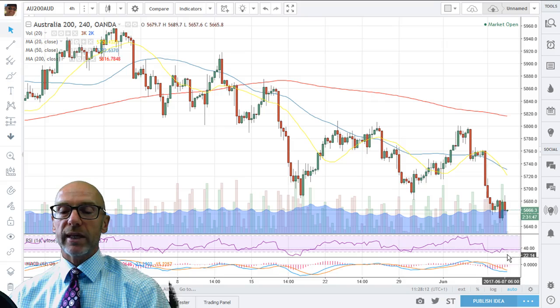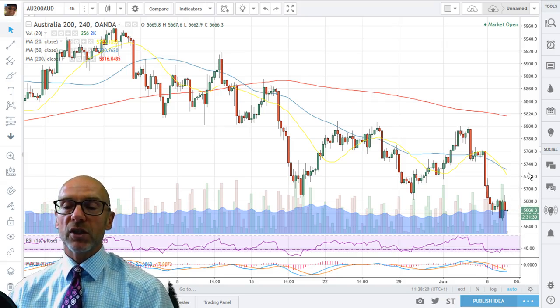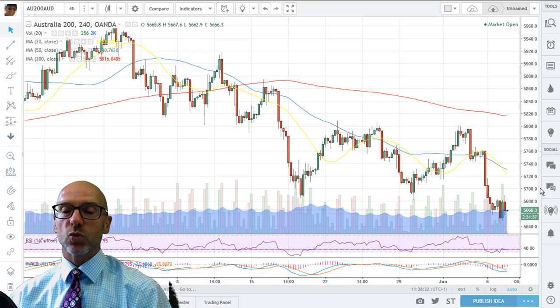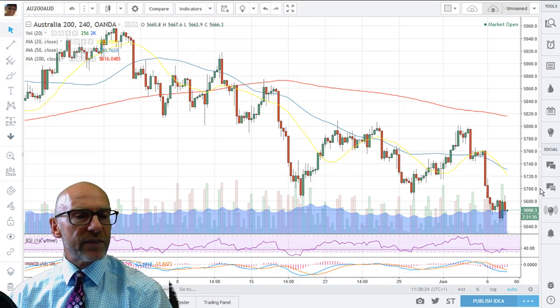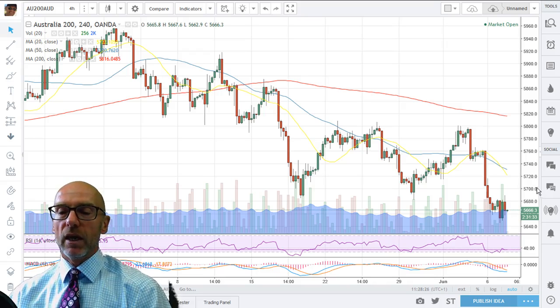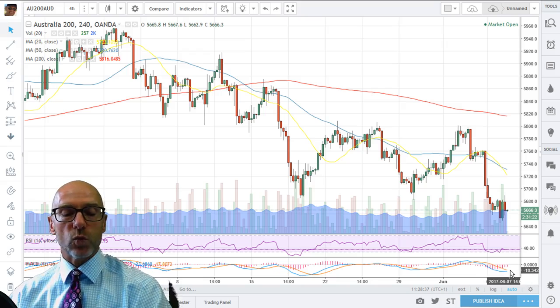If we get a rally, that will confirm that, and we could then see a push up towards the resistance of the moving averages, which on the 4-hour chart are seen at 5720 and 5730. An easily achievable target there on any bounce. The MACD is still negative, but they're starting to flatline as well.